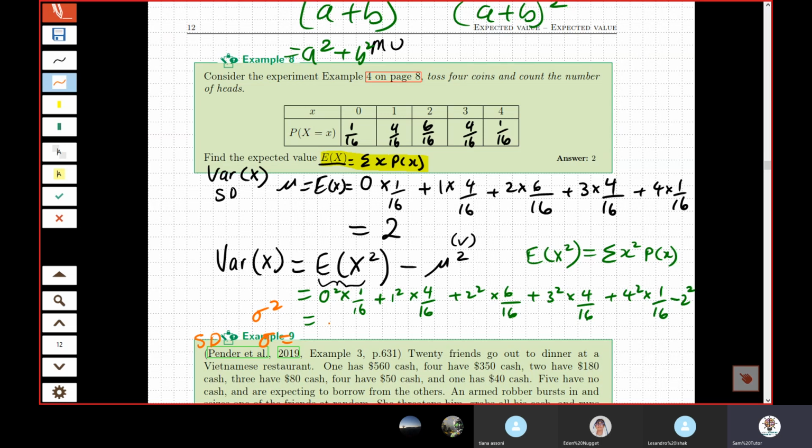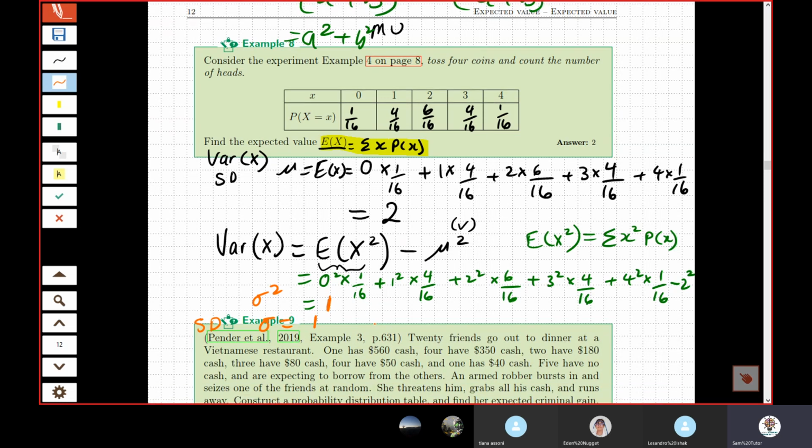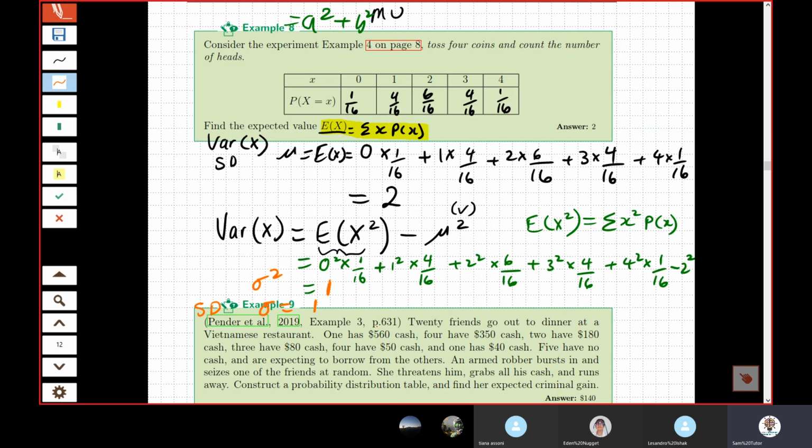Your variance is 1. Which means your standard deviation in this case is also 1, because the square root of 1 is 1. All right, copy down what you need. Let me know when you're ready. We're going to go on to the next one.